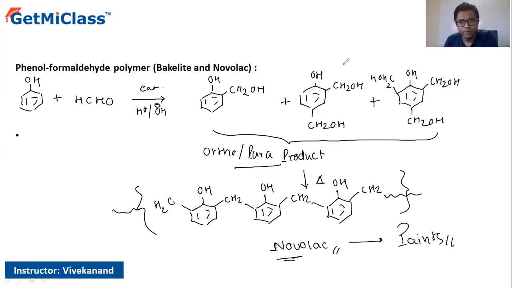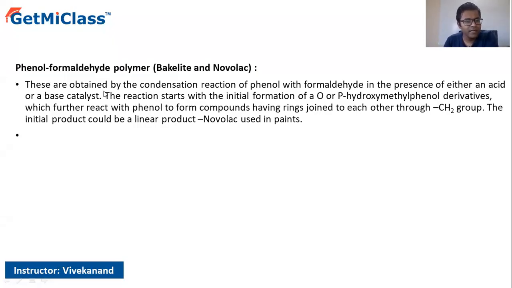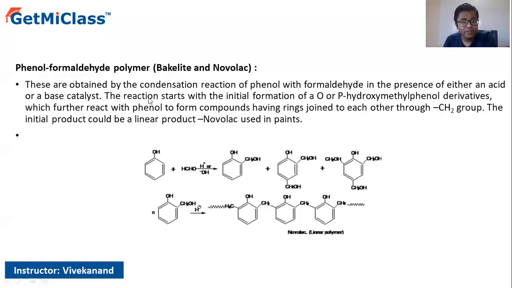Now, let's observe this in a correct manner. So these particular formaldehydes, that is a phenyl formaldehyde polymer, are obtained by the reaction of the phenol and formaldehyde in the presence of either an acid or a base. We have already spoken about this. These are used as a catalyst. Now, the reaction starts with initial formation of the ortho and para hydroxymethyl phenol derivatives.